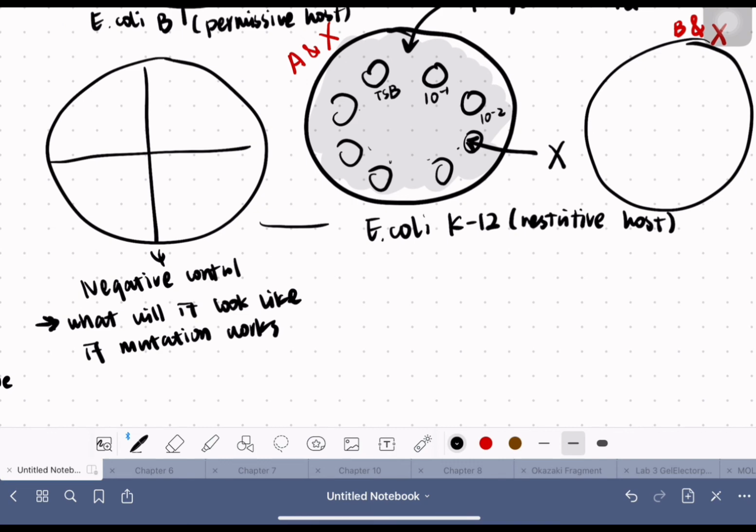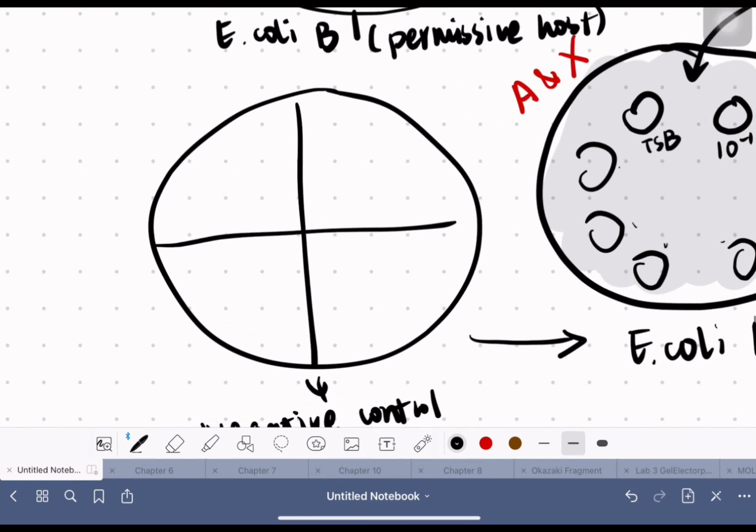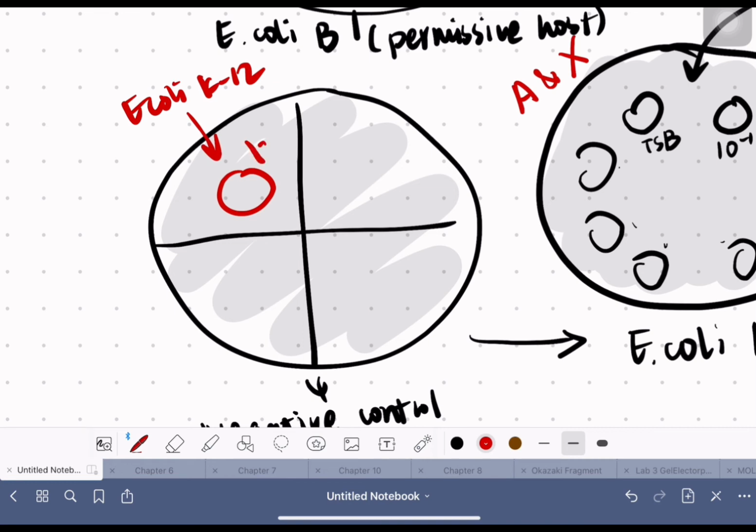This plate is the simplest one. For agarose, you just put E. coli K12 in it, and you drop your X phage, your phage A, your phage B, and TSB. So think about what this will look like.